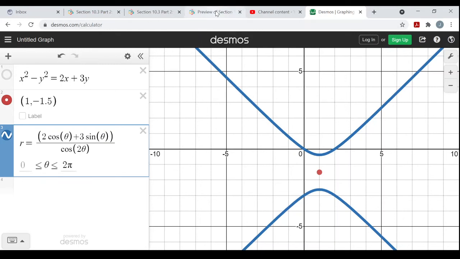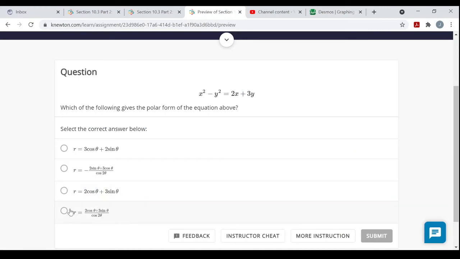That is what we want to select. R equals 2 cosine theta plus 3 sine theta, all divided by the cosine of 2 theta, would have the same curve, the same graph, but on the polar grid instead of in rectangular coordinates. But would plot the exact same points, the exact same locations.